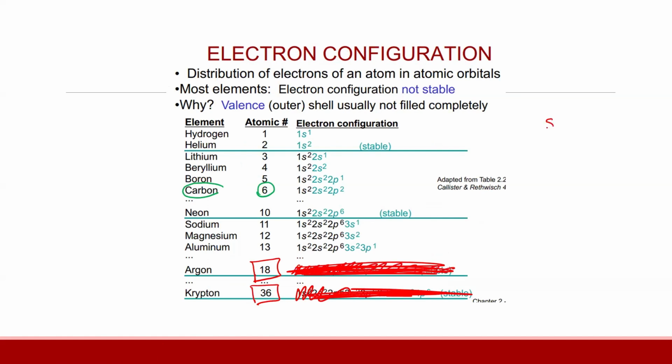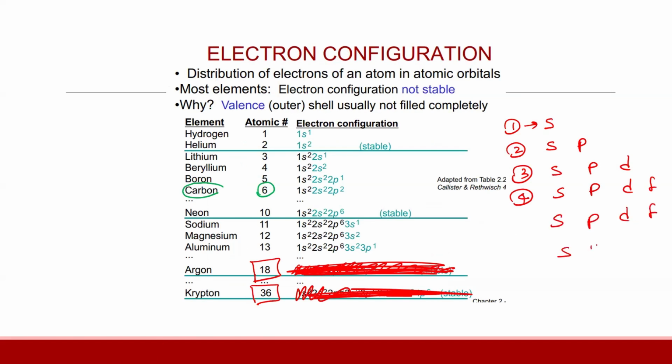What you need to do is just write this: the first shell has just s, the second one has s and p, the third one has s, p, d, the fourth one has s, p, d, f. The rest of them also have s, p, d, f. That's all, only 4 types of subshells. Okay, I'll give you a few minutes.